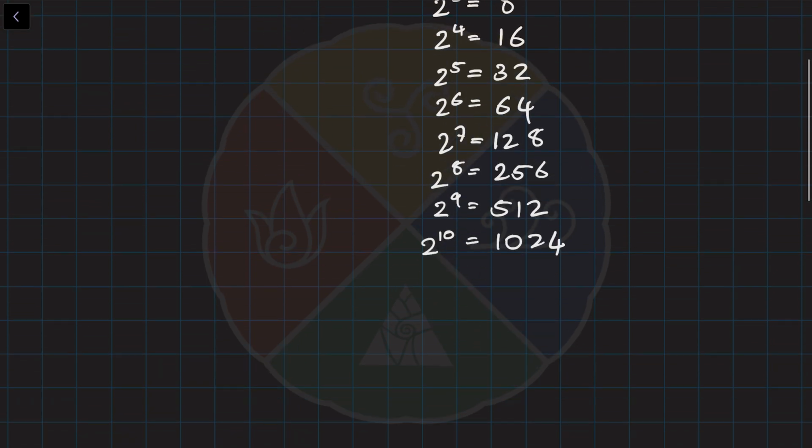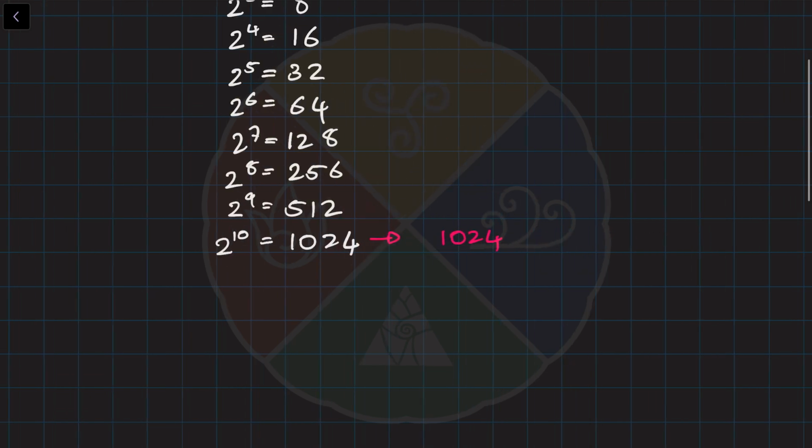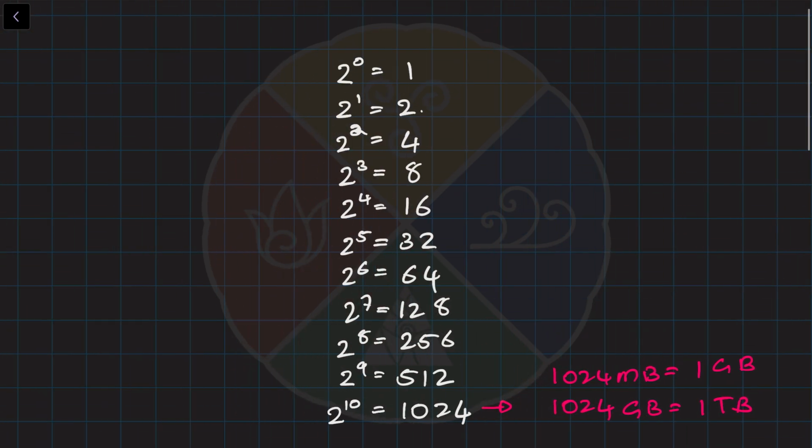In fact, you must be familiar with this value, because 1024 MB is equal to 1 GB, or 1024 GB is equal to 1 TB. You must have seen this thing, and you must have also noticed something.